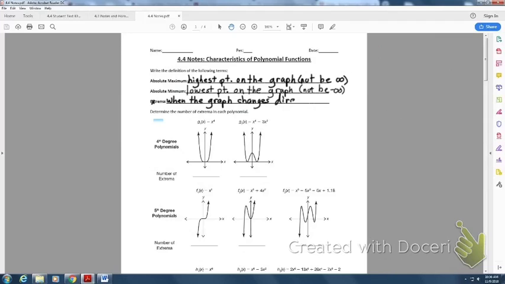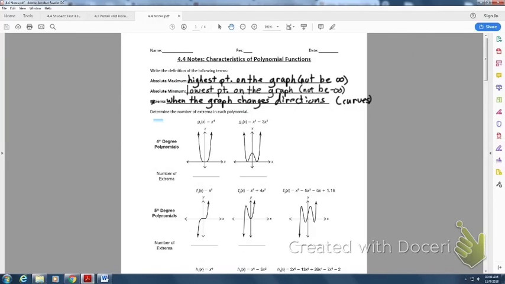To put it in simple terms, a way that you can think of it is anytime the graph curves. Okay, so if I was to graph something, this would be considered an extrema, that would be an extrema, and that would be an extrema. So this would have three extrema. That specific graph would have three extrema on it.